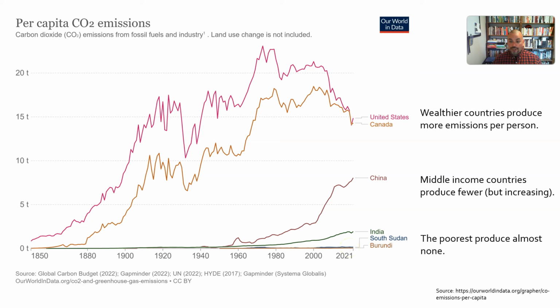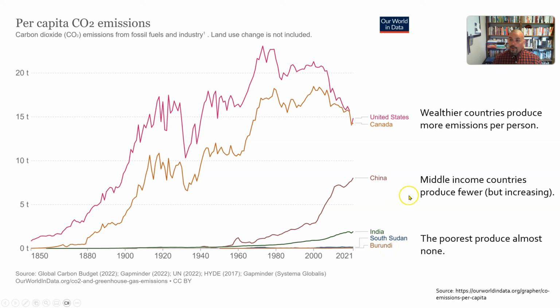There's not a lot of machinery. There's not a lot of industry. There's not even a lot of electricity. So many people are doing without those basic goods and services that we take for granted in a wealthier country. And what we see there is that even though these might be countries that have higher fertility, more children per person, they're basically producing almost no pollution at all.